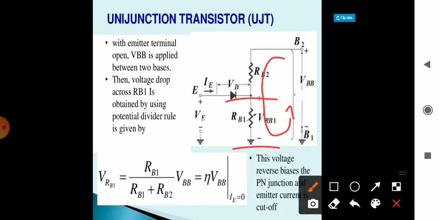That drop is obtained by the voltage divider rule, so VRB1 is eta times the supply voltage VBB. This VRB1 drop will reverse bias this particular diode. Reverse bias in the sense the current IE is 0. That's why the condition is mentioned over here. This voltage is reverse biasing the diode, that is why IE current is 0.